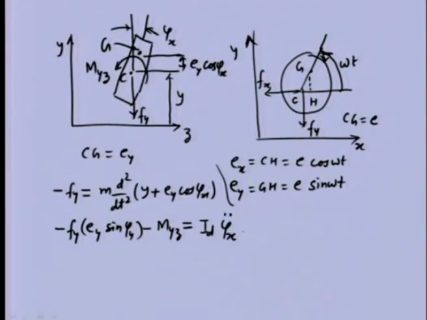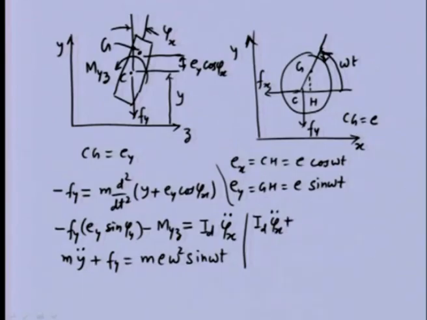of the disk. Now we can simplify this equation, and we can write the first equation as m y double dot plus Fy is equal to m e omega square sin omega t, and the moment equation, the second equation, as Id phi double dot x plus Myz, and even we can write this term this side, plus e phi x Fy sin omega t is equal to 0.